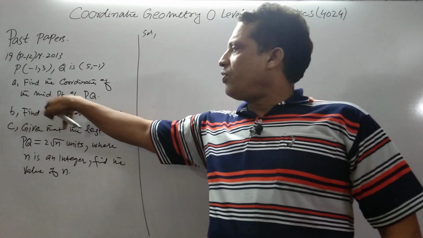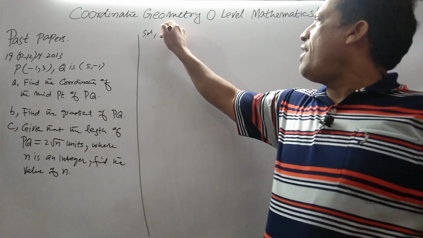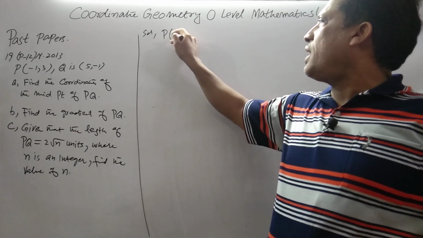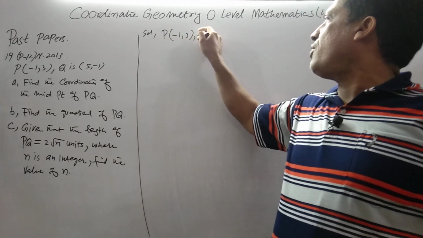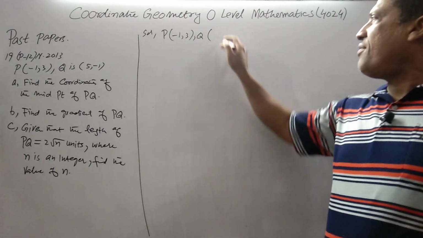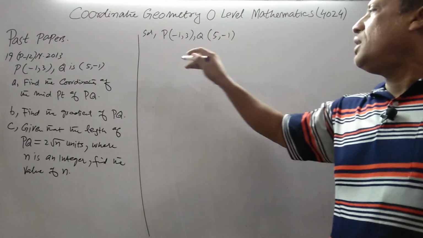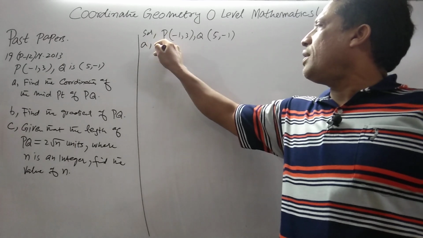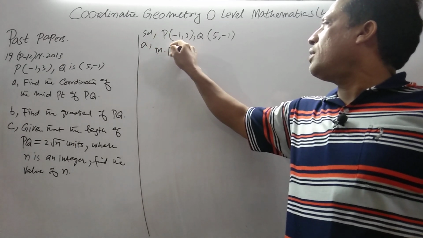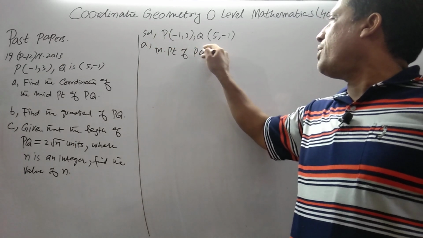Solution of part A. Find the coordinates of the midpoint of PQ. We have the coordinates of P (-1, 3), Q is (5, -1). Midpoint of PQ.